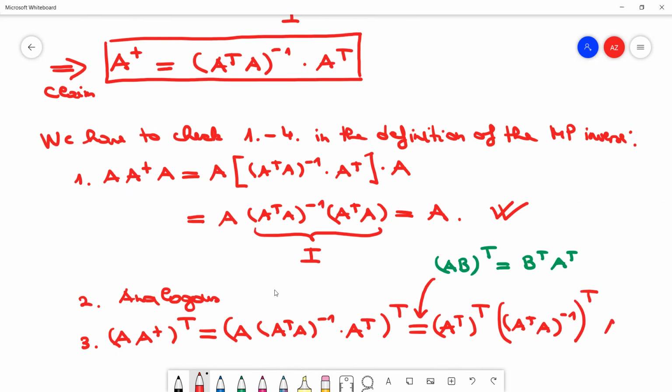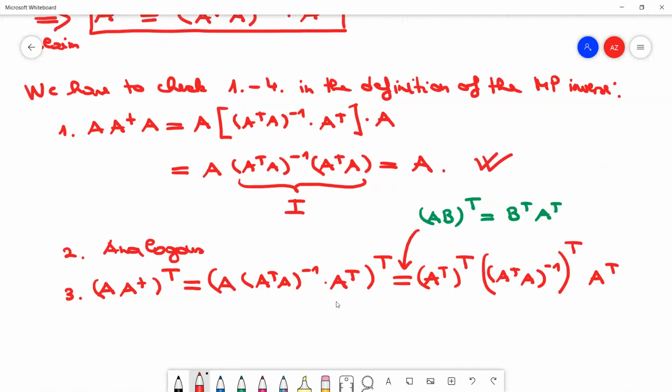And the last A transpose. So I transposed all three factors and wrote them in the reversed order, since this is what transpose does. And A transpose transpose is just A. And here we have A, then (A transpose A) inverse transpose. So we use that we can swap inverse and transpose.